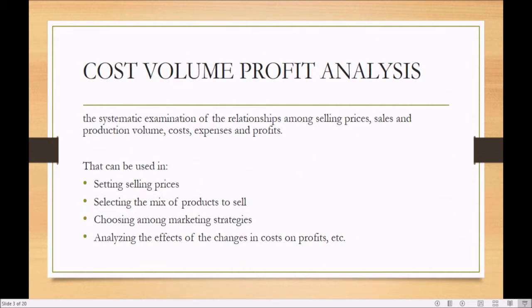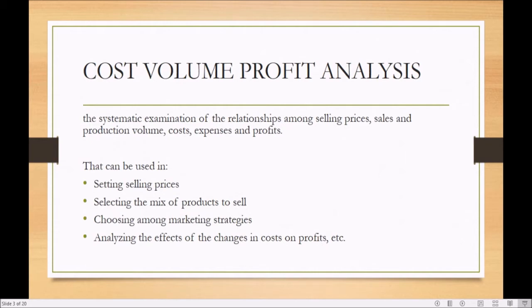Third, choosing among marketing strategies. Because we are able to determine our quota, the volume to be sold, we can determine what marketing strategy to use to achieve that plan. For example, you want to achieve around 10,000 units sold in a particular area. What marketing strategy should we use to achieve that?